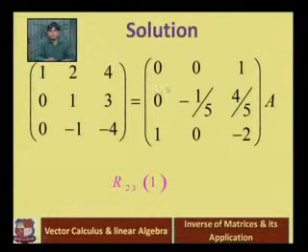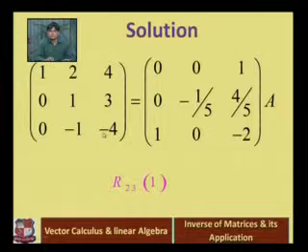Simultaneously we do the operation on the other matrix, and it becomes [0 0 1; 0 -1/5 4/5; 1 0 -2]. I repeat again, we don't change anything in the last matrix.